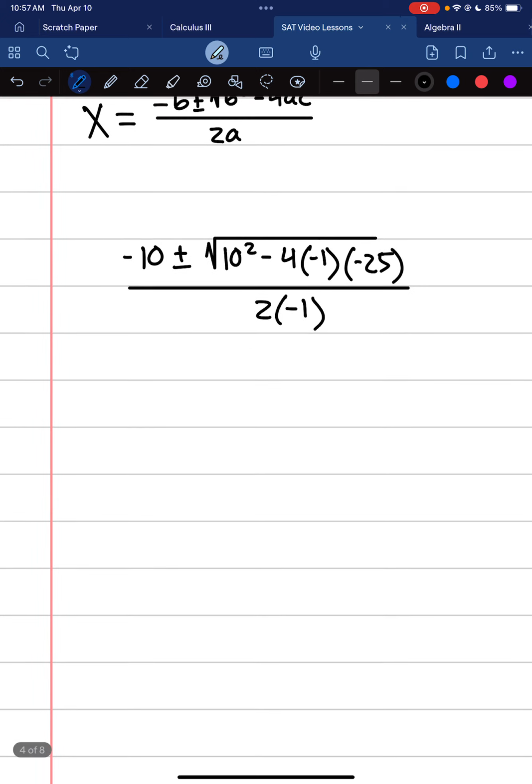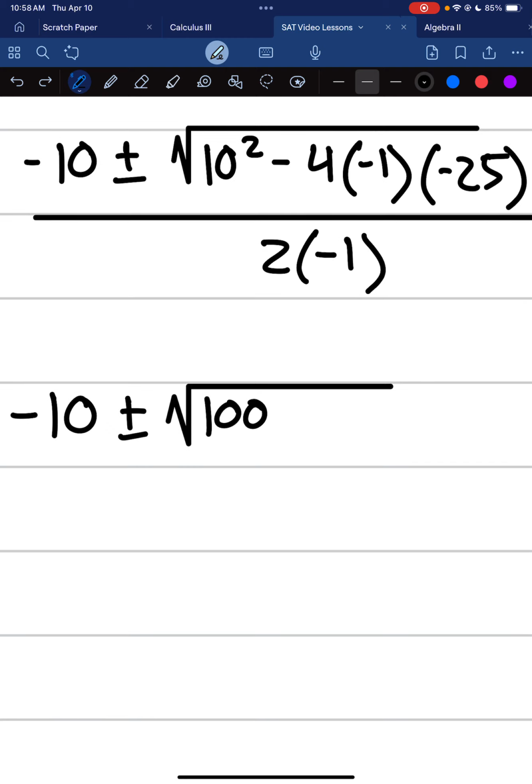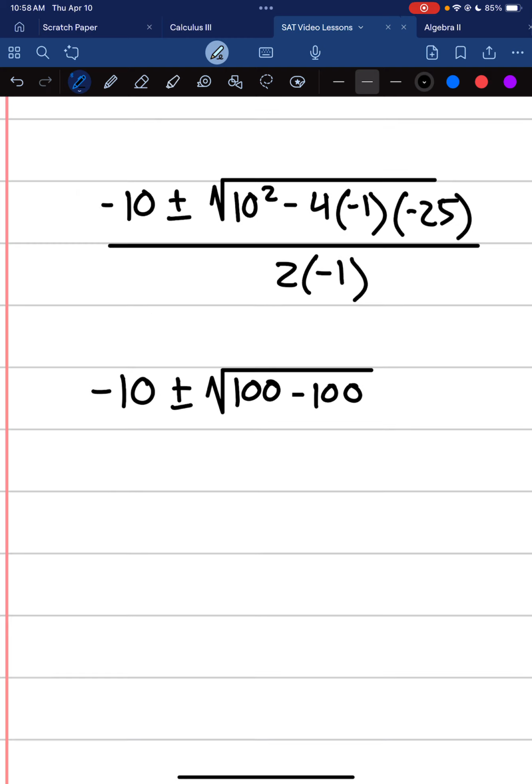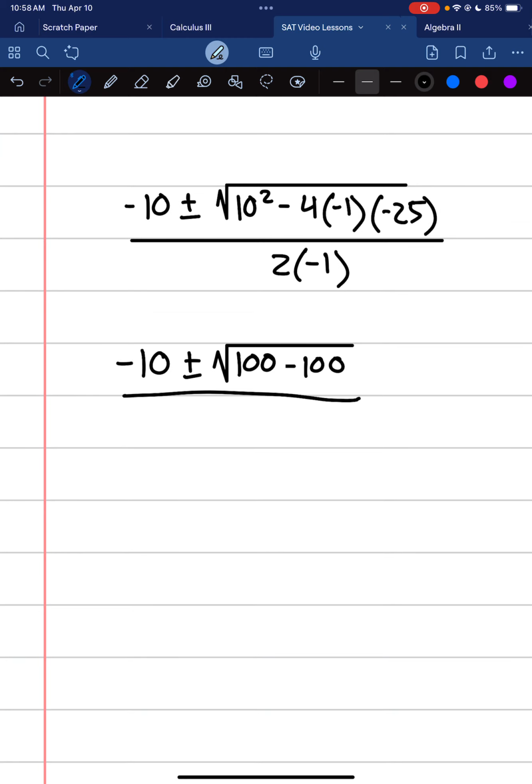Now, if we simplify this, we get -10 plus or minus the square root of 10 squared is 100. And this part here is going to be 4 times -1 times -25 is going to end up being positive 100. But we also have this minus sign out here, so then that's going to be 100 minus 100 all over 2 times -1 or -2.